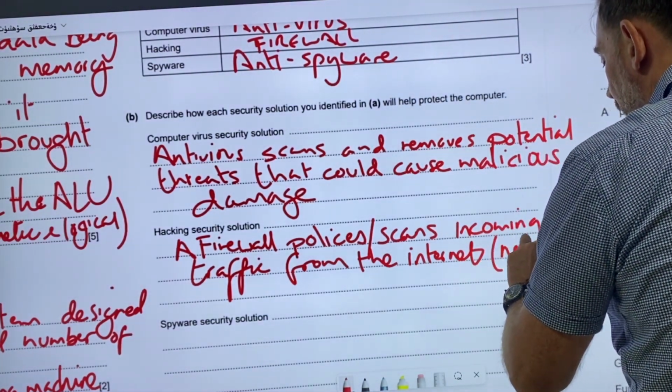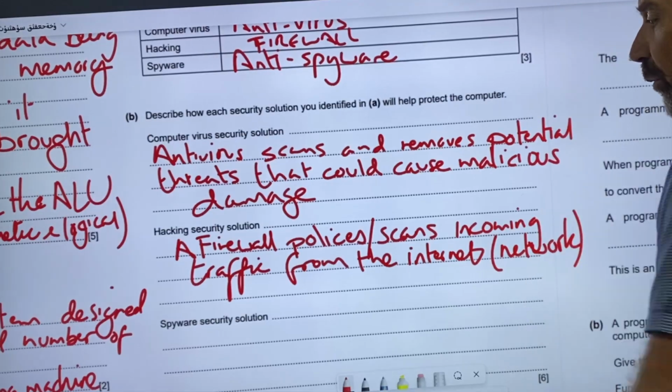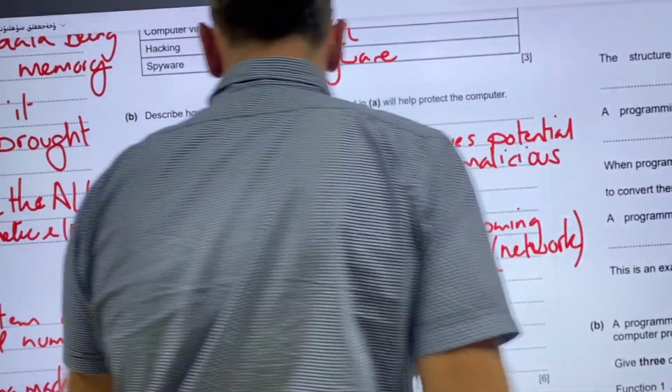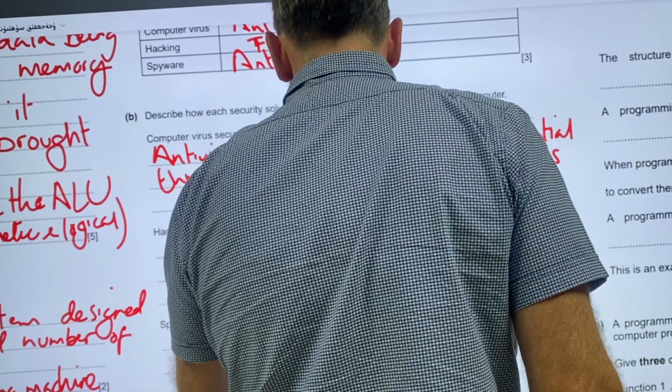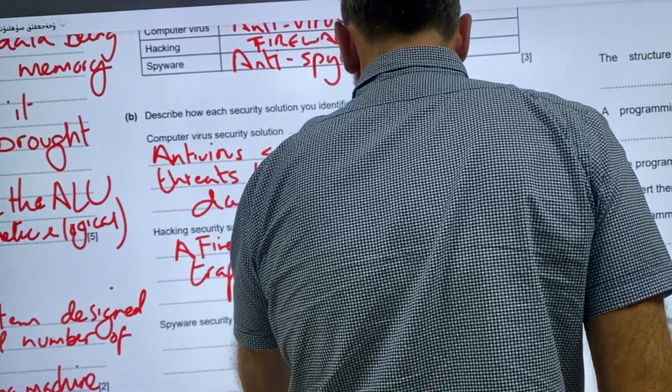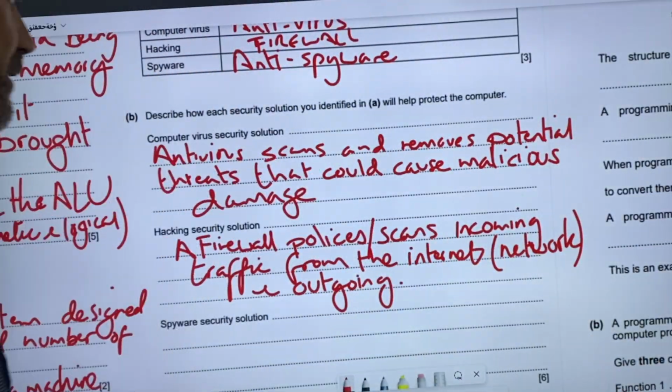Brackets. Network. Incoming and outgoing. Not that any outgoing would potentially be a threat, but yeah.